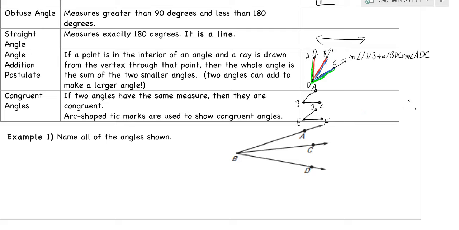If two angles are congruent, then they have the same measure. If two angles have the same measure, then they are congruent. If you look at your reason sheet, those are the two if-thens for the definition of congruent angles.